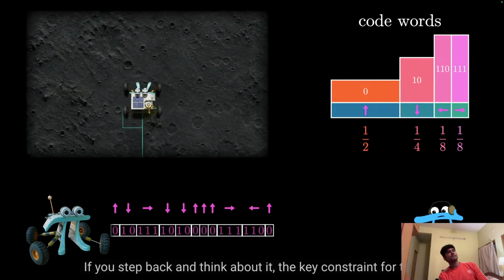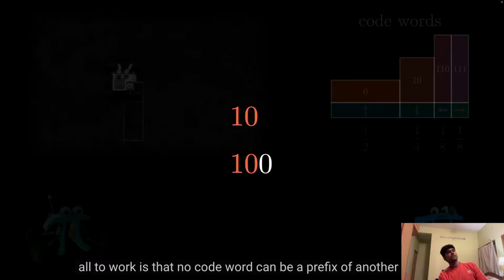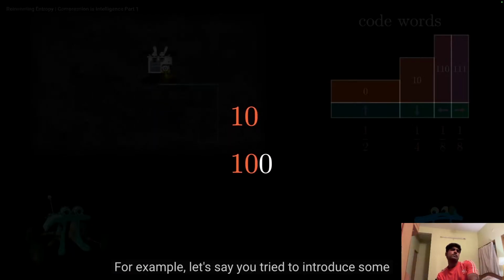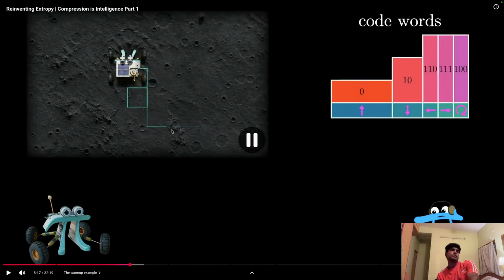If you step back and think about it, the key constraint for this all to work is that no code word can be a prefix of another one. For example, let's say you tried to introduce some fifth instruction that had the code word 100.